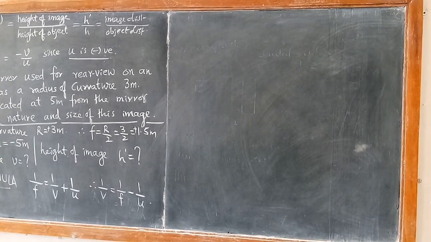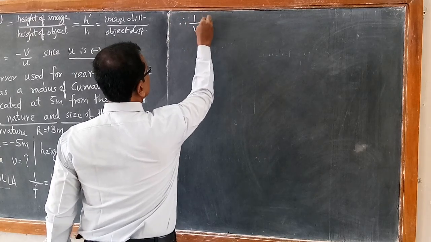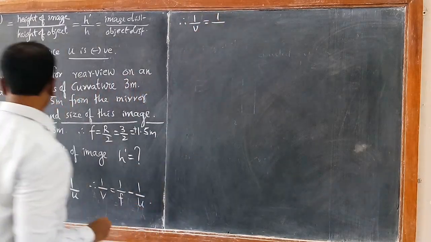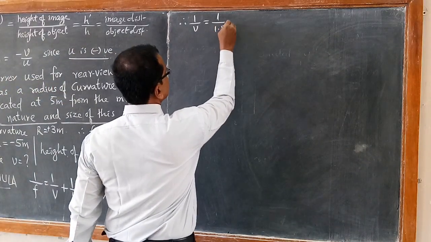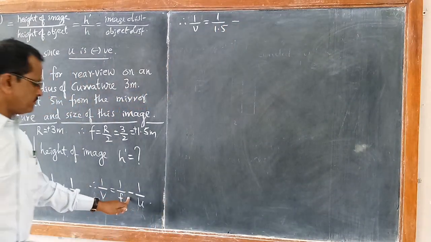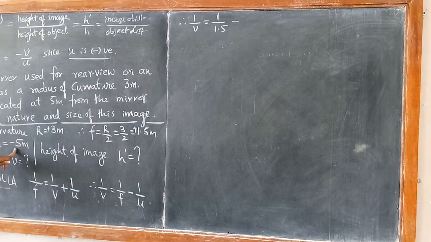So let us solve this. Therefore 1 by v equals 1 by f. What is the value of f? 1.5, minus 1 by u. What is the value of u? Minus 5.